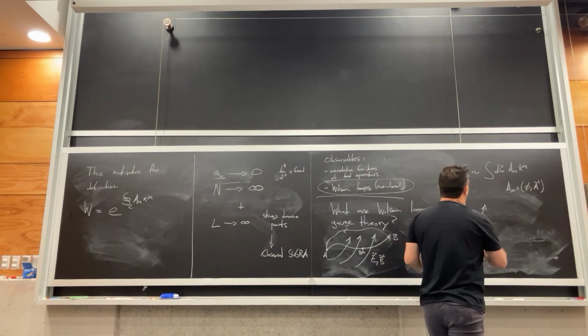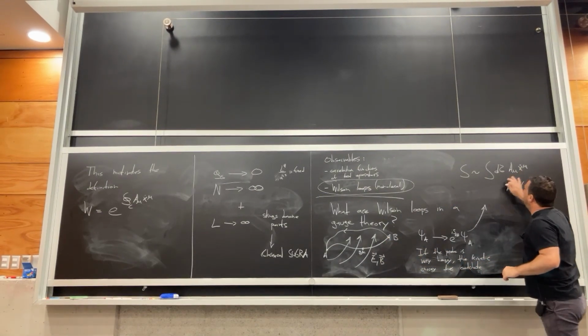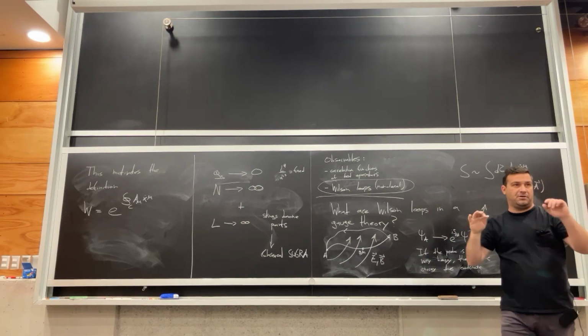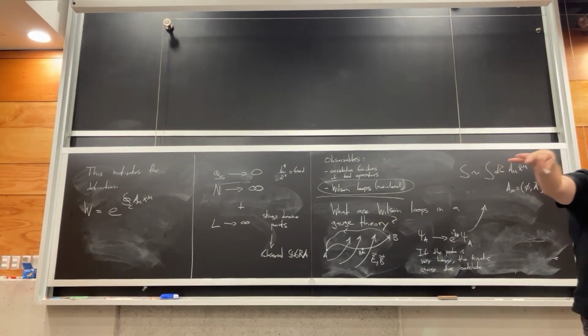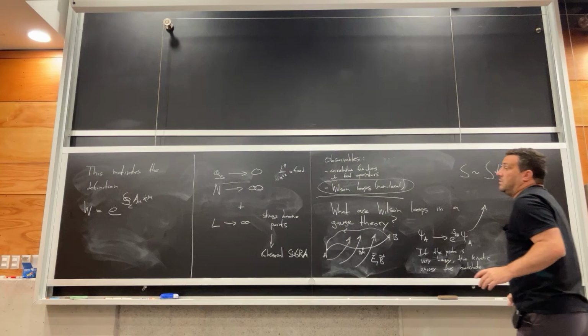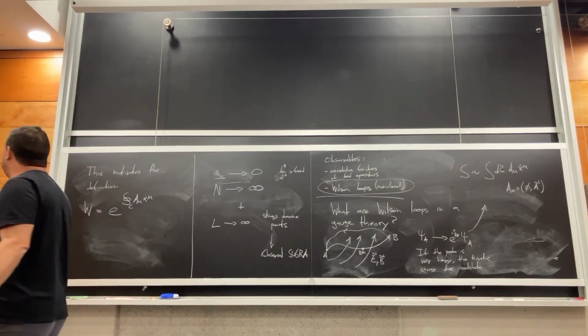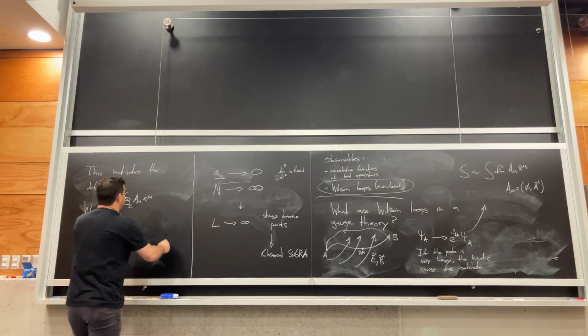We saw that this quantity controls somehow the effective action of this particle as we go around the loop, of a very heavy particle, which is what we call a probe. So we'll just give it a name. That'll be called the Wilson loop. Okay?